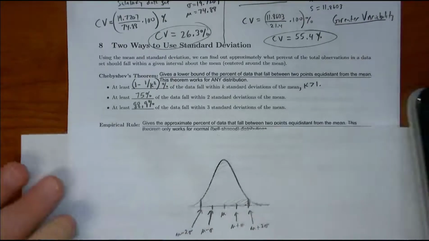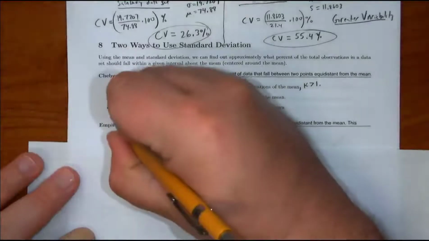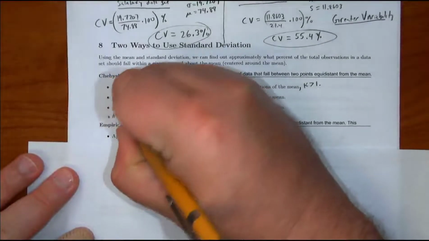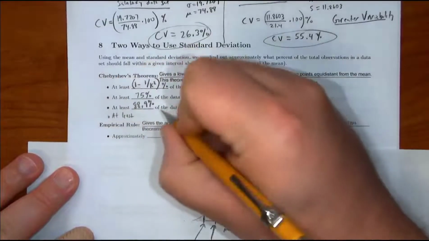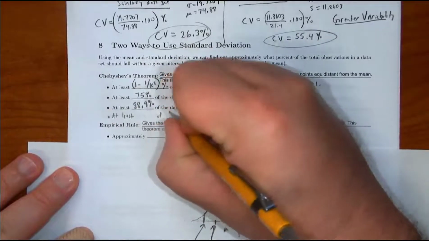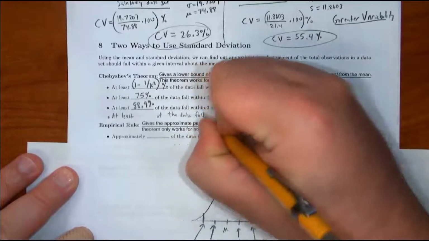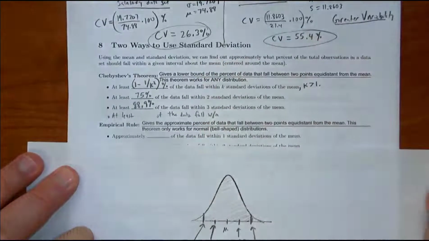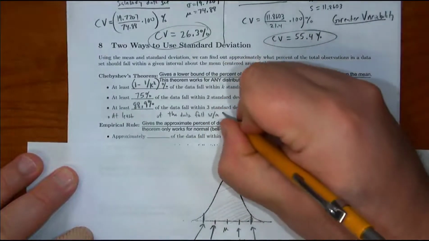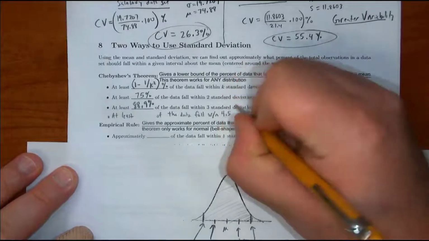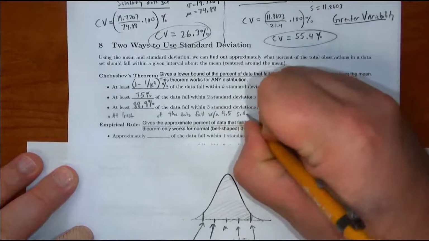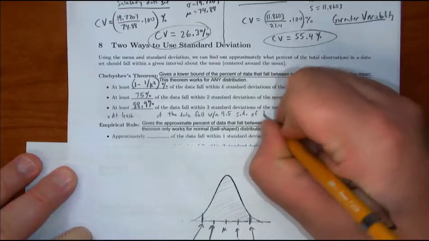Here I'll do another bullet real fast: at least some percent of the data fall within, let's say, 4.5 standard deviations of the mean.